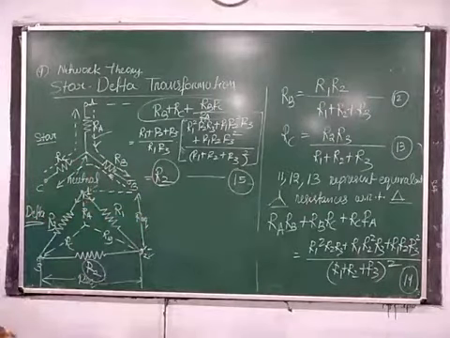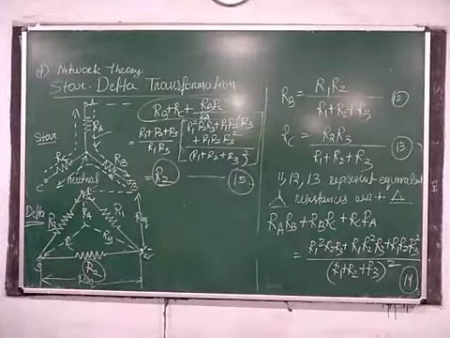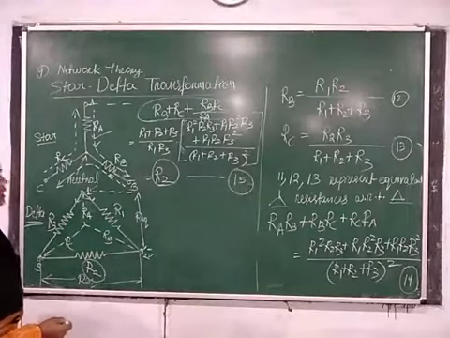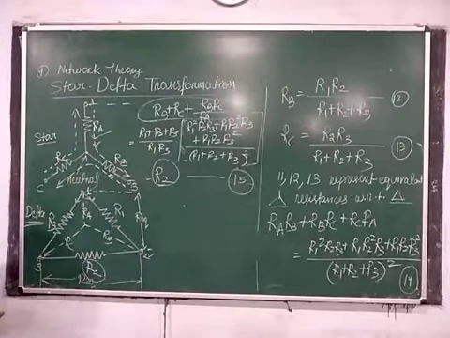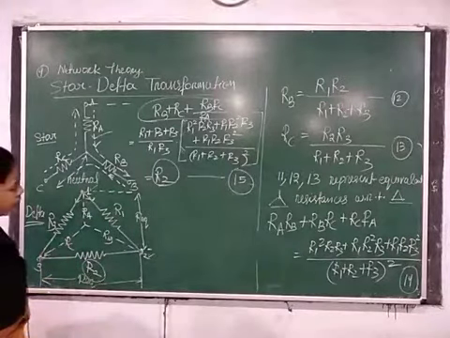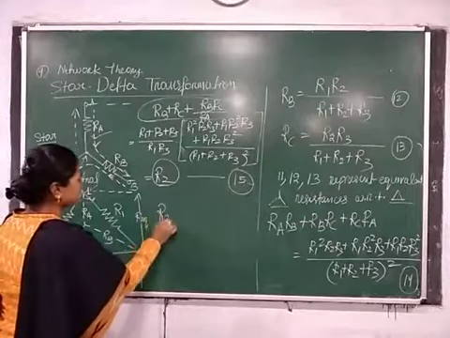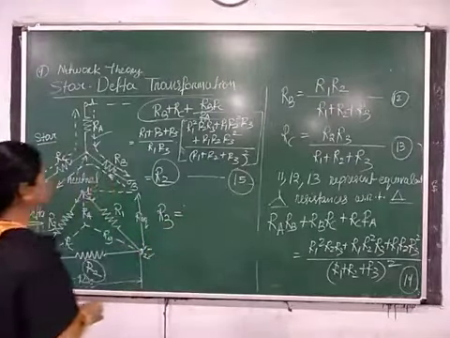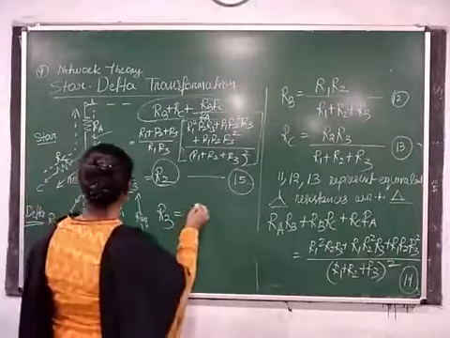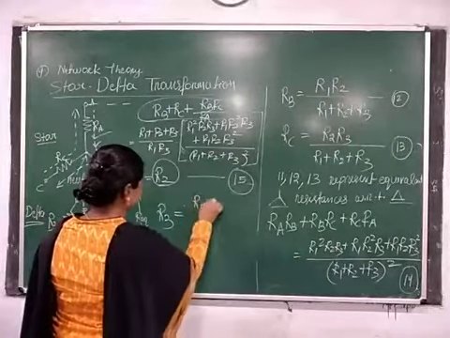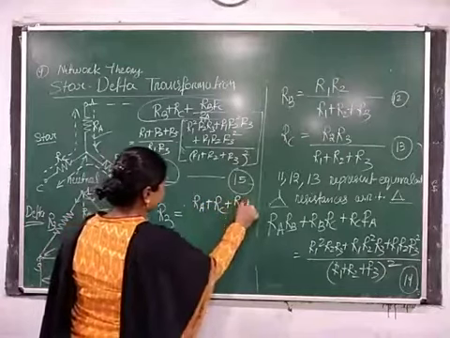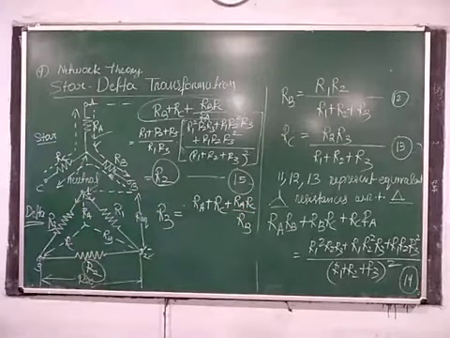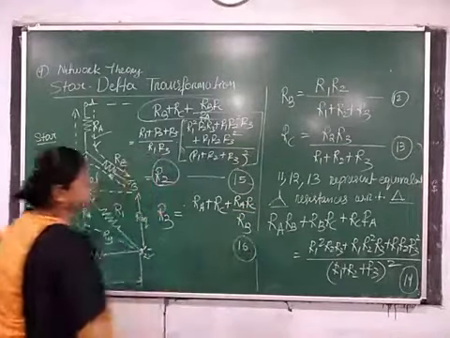Similarly, if you divide by RB in equation 14 and put its value in the right hand side of equation 14, you get R3, this resistance, and its value is... Similarly, take it as equation number 16.